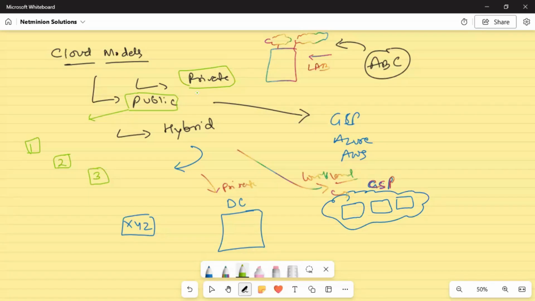But in case of public, if hardware is end of support or end of life, who will be replacing that? Azure, or maybe any cloud service provider, will be replacing that. But in case of private, whose responsibility is this? This is the customer's responsibility. Security responsibility lies with the customer.